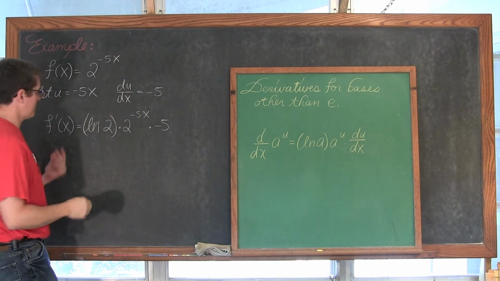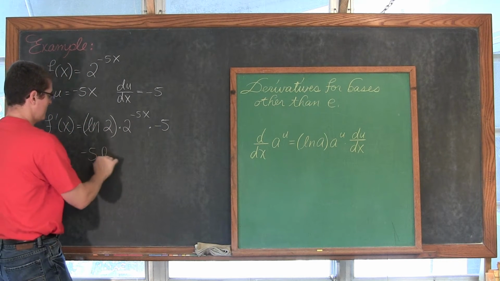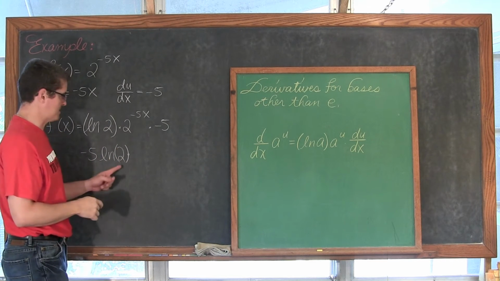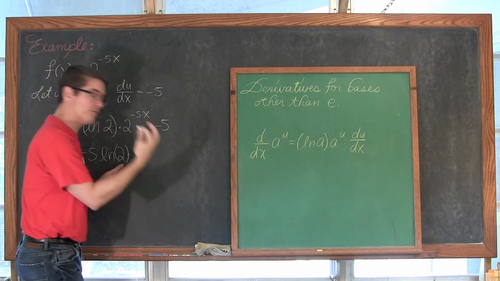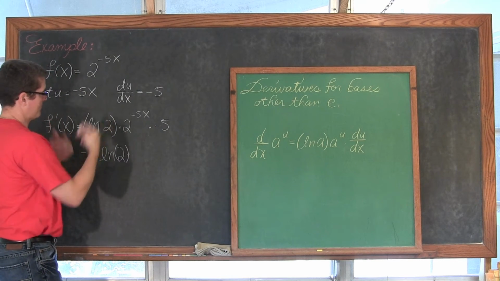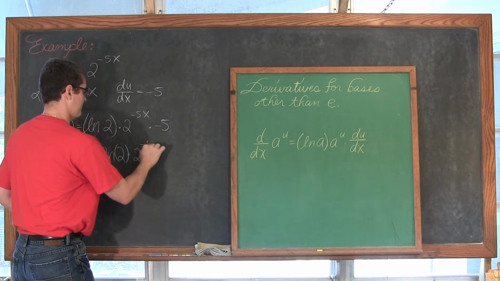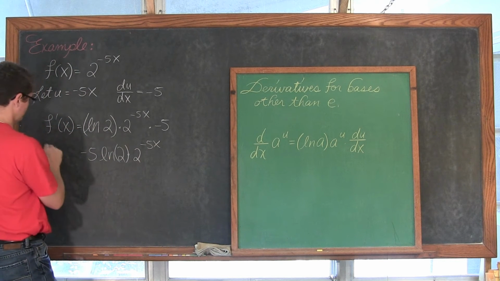And our final answer would be negative 5 times the natural log of 2, and maybe you want to wrap that in parentheses to highlight you're only taking the natural log of the 2, or you can wrap the whole thing in parentheses, times 2 to the negative 5x power.